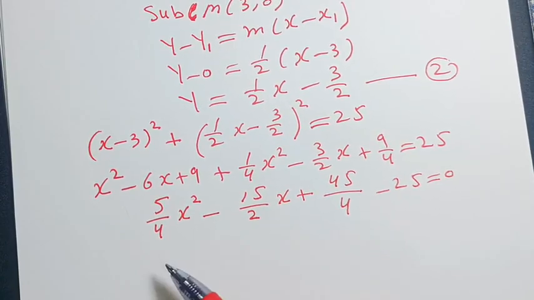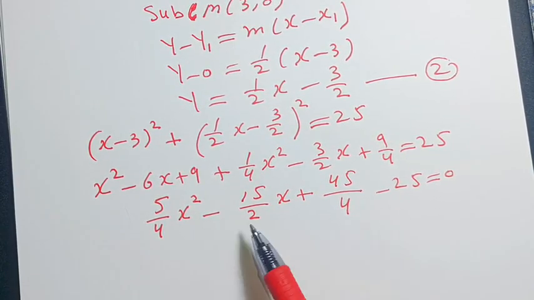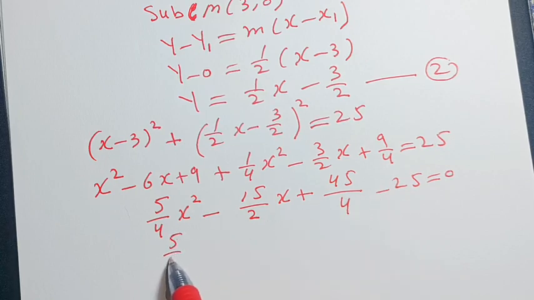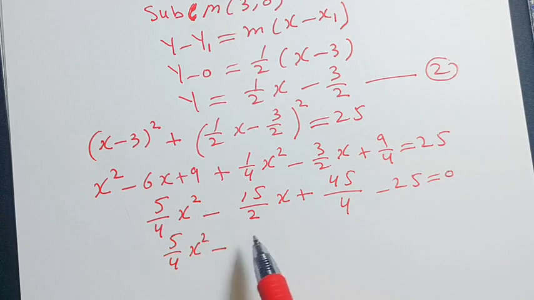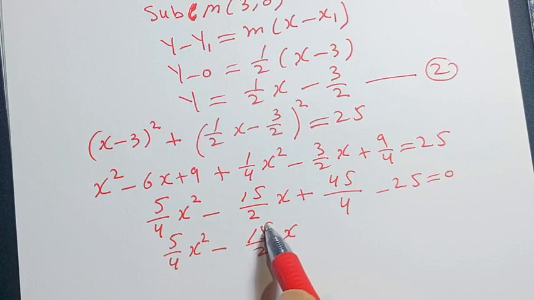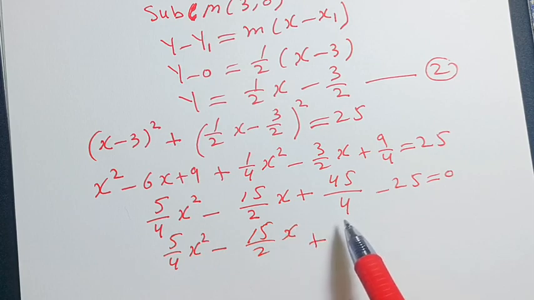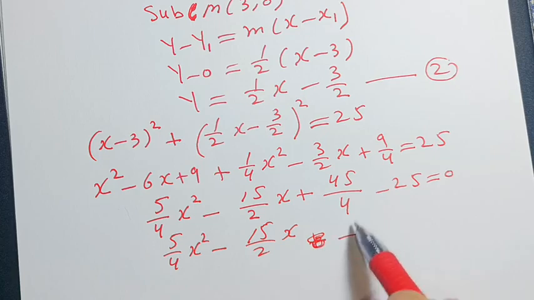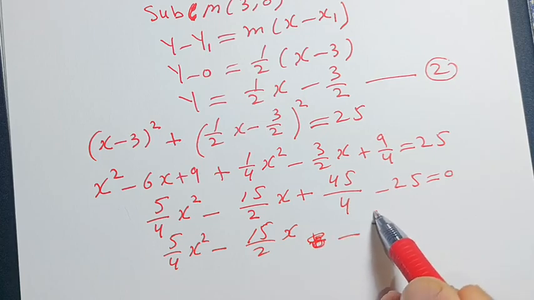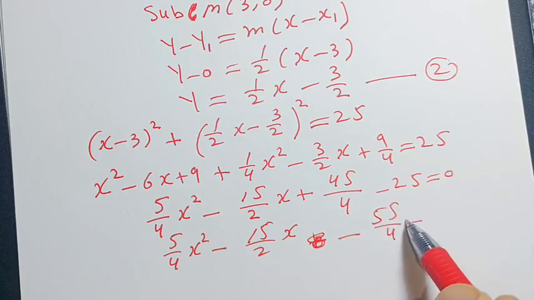So I further simplify, collecting like terms. This is going to be 5 over 4 x squared minus 15 over 2 x, plus, using my calculator, negative 55 over 4 is equal to 0.